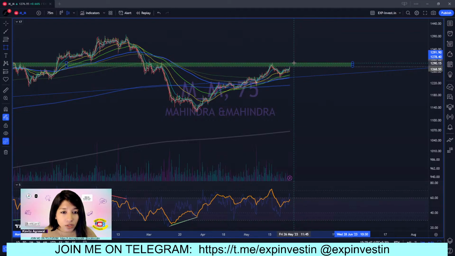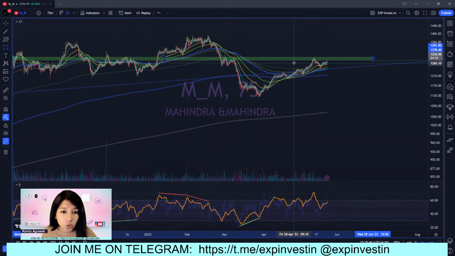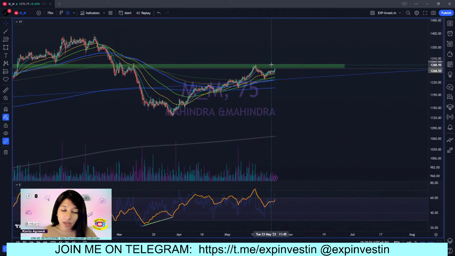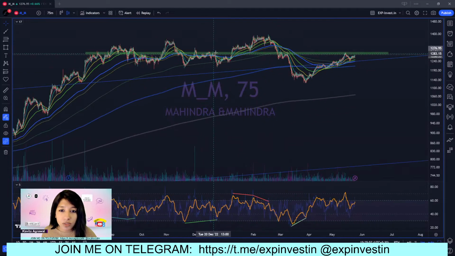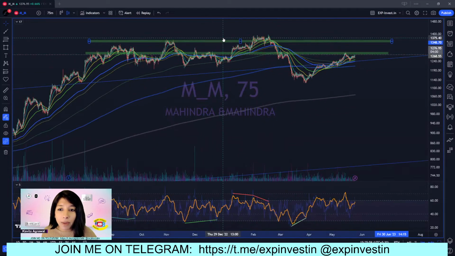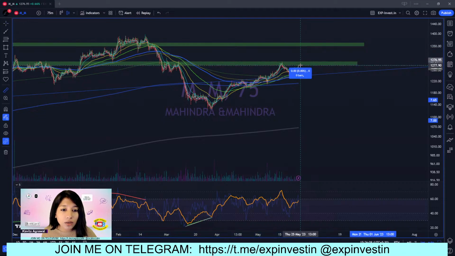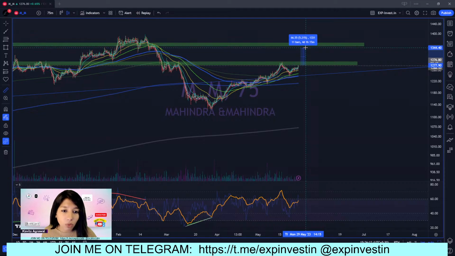So your first target is 1290, and if the stock sustains above the level of 1290 without triggering the trailing stop loss that I have just mentioned, then we can expect the stock to rally towards this next zone, which is around 1350, which would be in percentage terms around 5 to 6% more.